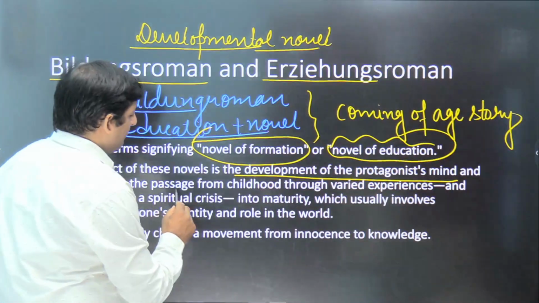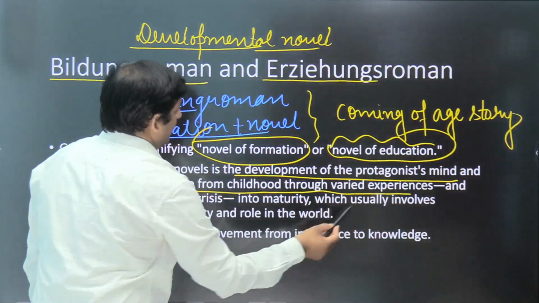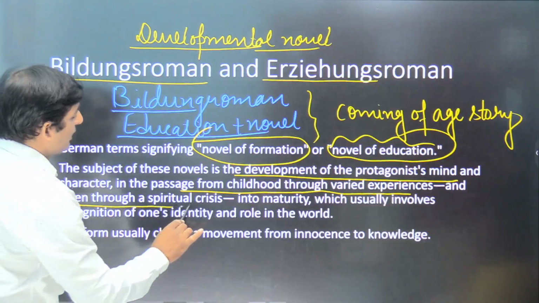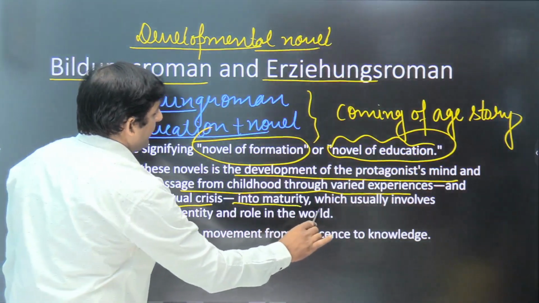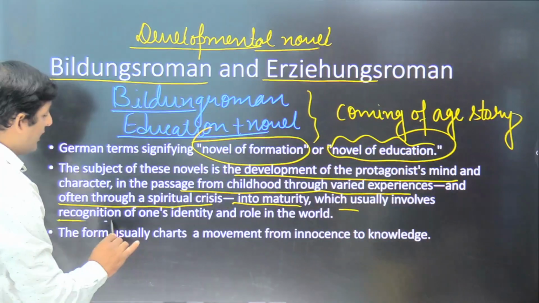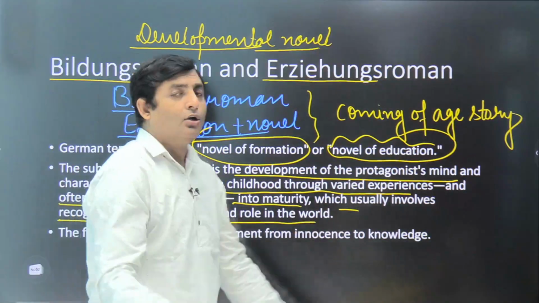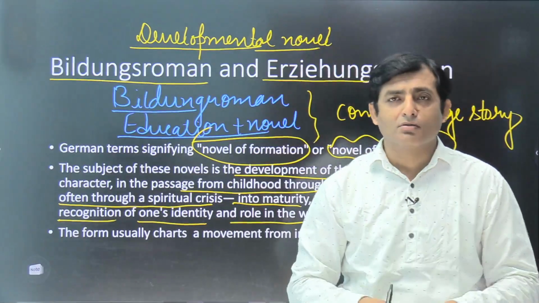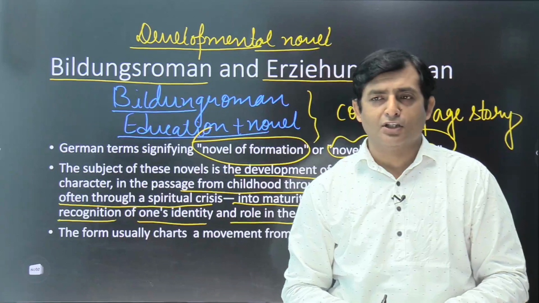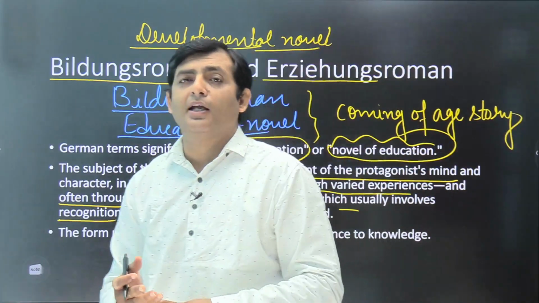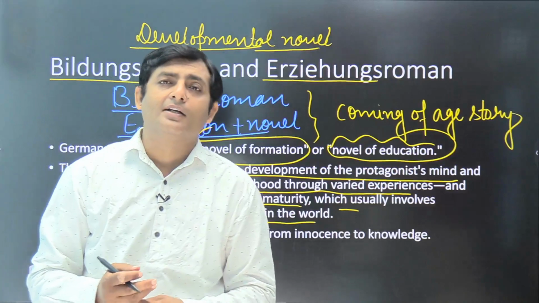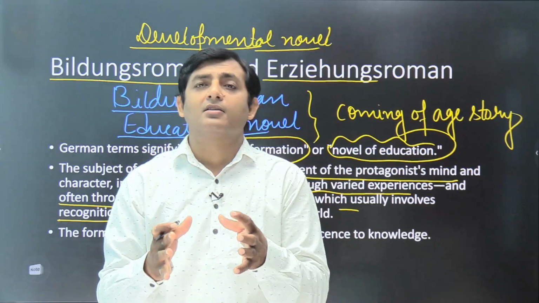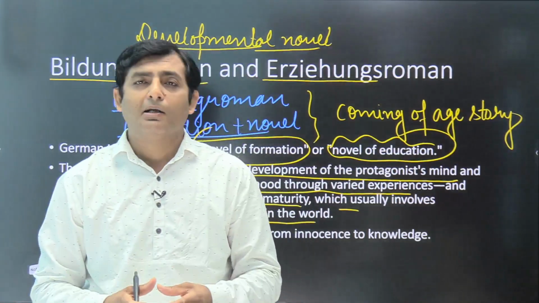In the passage from childhood through varied experiences and often through a spiritual crisis into maturity, which usually involves recognition of one's identity and role in the world. Identity, what should be our identity, what is your identity, and what should be your role in future. These all the topics are discussed in the novel called Bildungsroman.